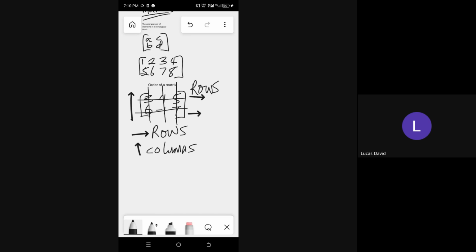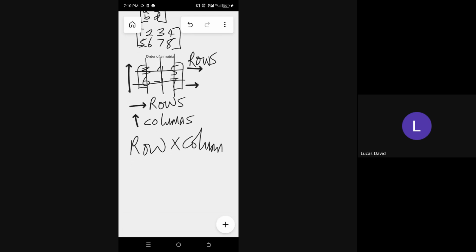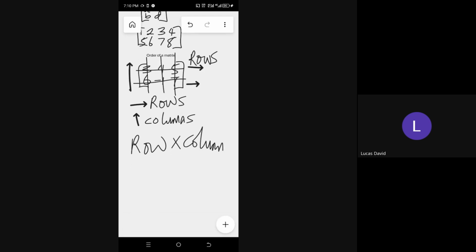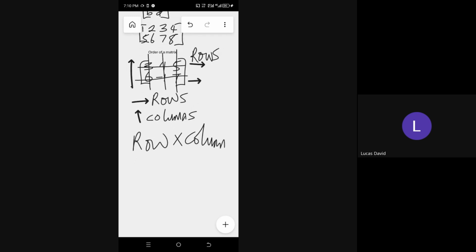The order of this matrix is read as row by column. You have to state the number of rows by the number of columns. So the order of this matrix would be 2 rows by 3 columns.